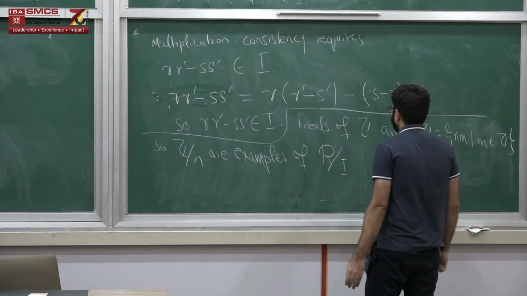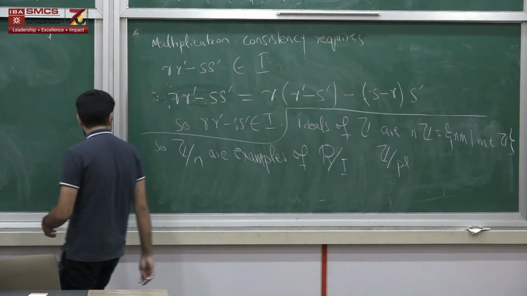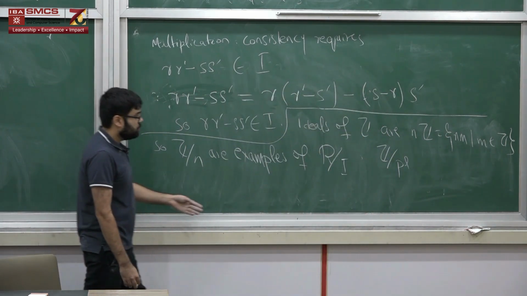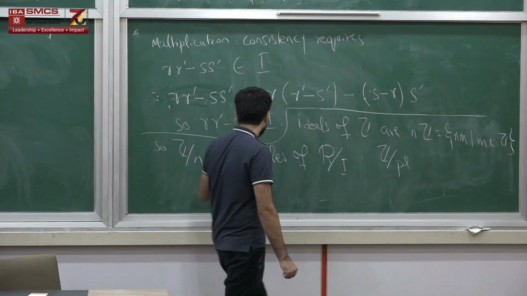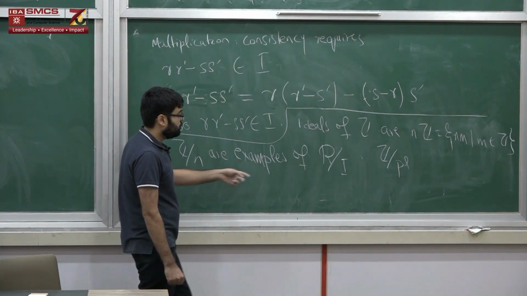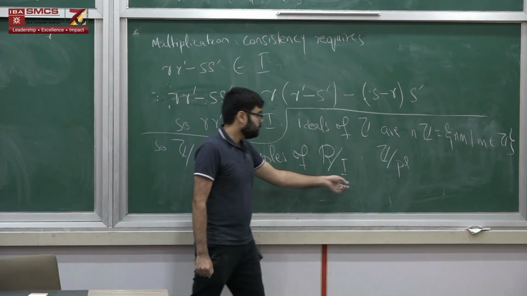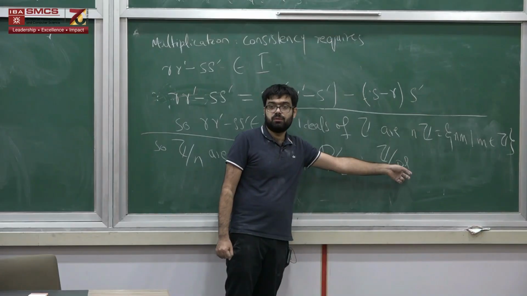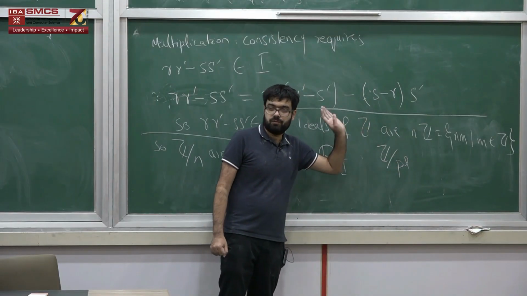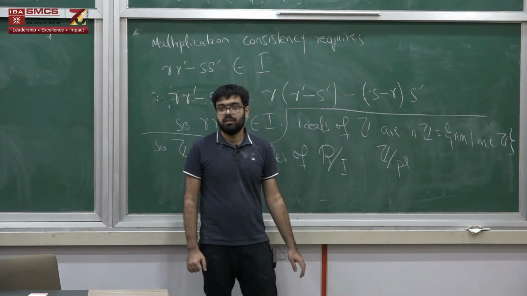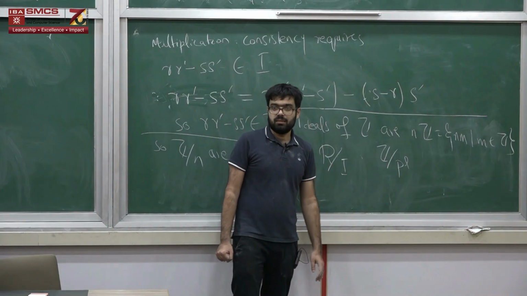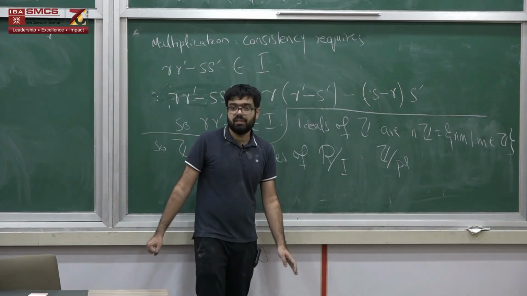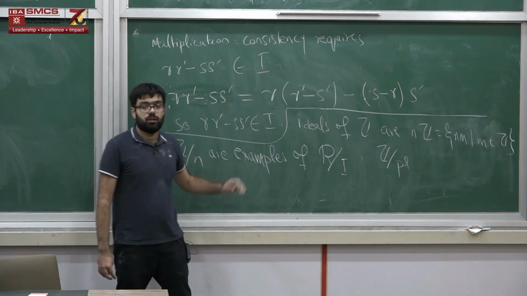Although I know how to understand Z mod n, I do not know how to understand Z mod p to the L unless I think of my very specific ring, which is the integers, because here I don't see really an operation of taking powers.